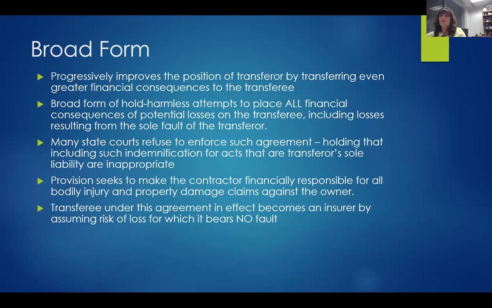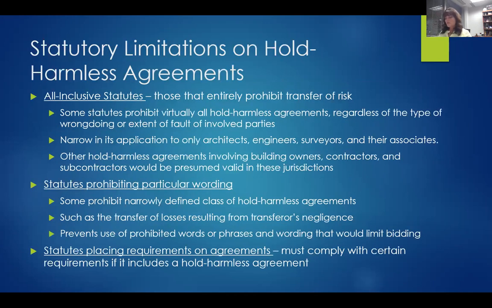It accepts everything. So one of the last things I want to talk about is these statutes. A lot of these statutes typically prohibit egregious or unconscionable agreements that don't make sense. An all-inclusive statute is one that entirely prohibits the transfer of risk.